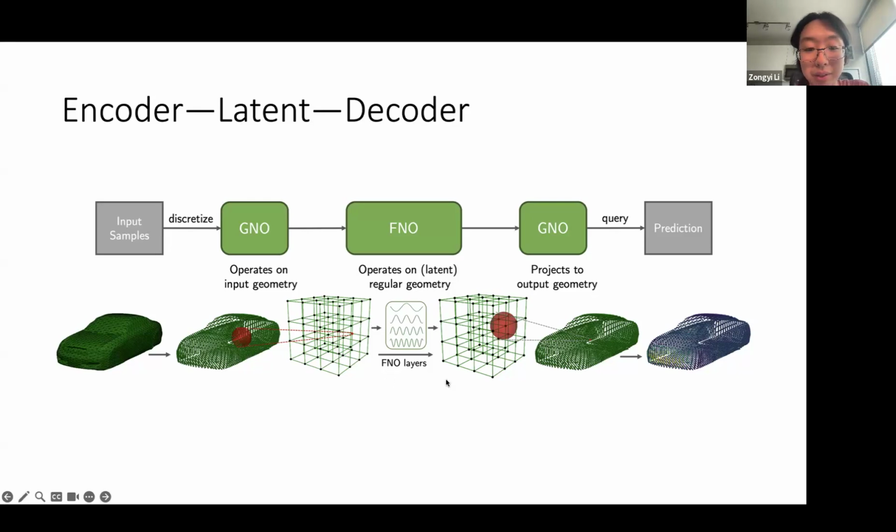In the middle, we do a Fourier neural operator, which is very fast and scalable on the uniform mesh. In the end, we again use a neural operator to interpolate back to the original space. In some sense, it is similar to a non-uniform fast Fourier transform: we have some local operation at the beginning and at the end, and Fourier methods in the middle.